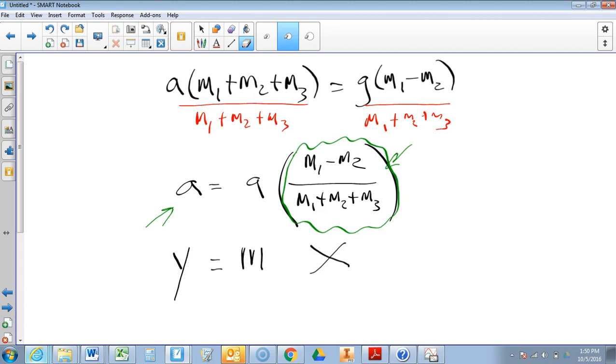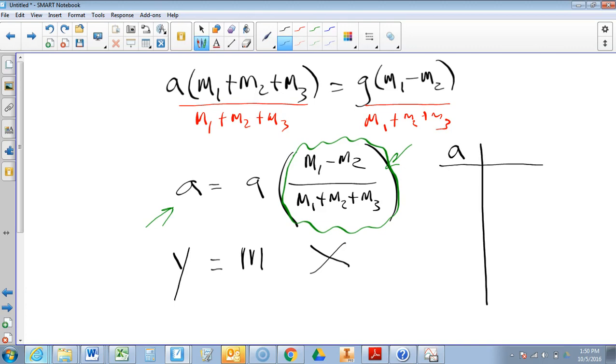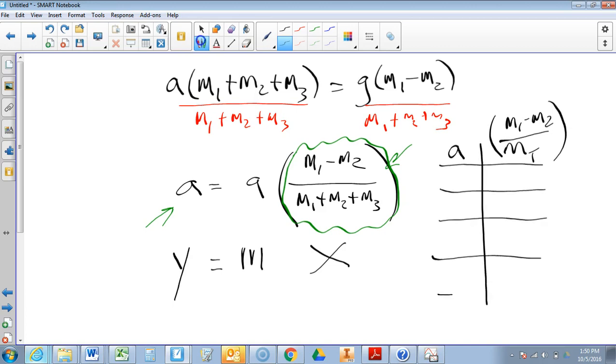We're going to plot, using Excel, we're going to build a table that has A as my y and (M1 minus M2) over M total, I'm going to say M total, please, so it's quicker to write, as my x. I'm going to do that for every trial. So a bunch of x's, and these being a bunch of y's.